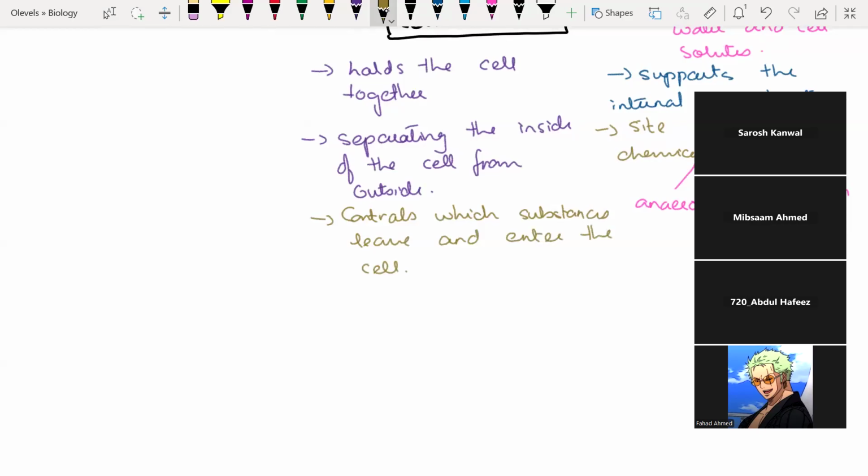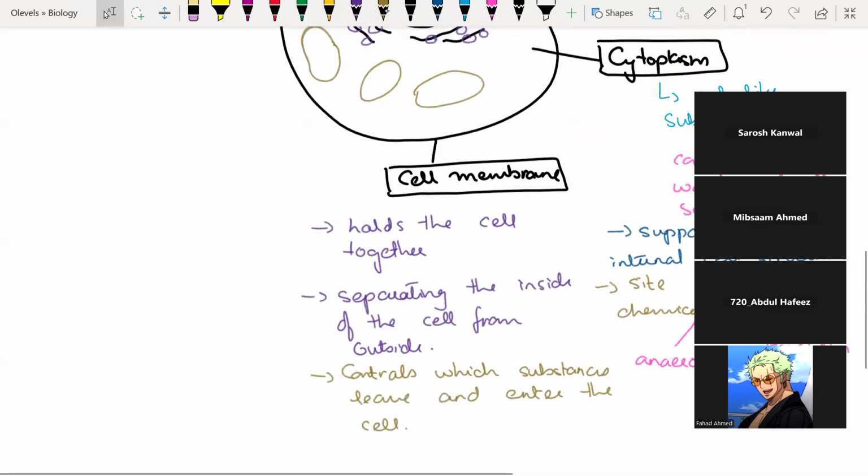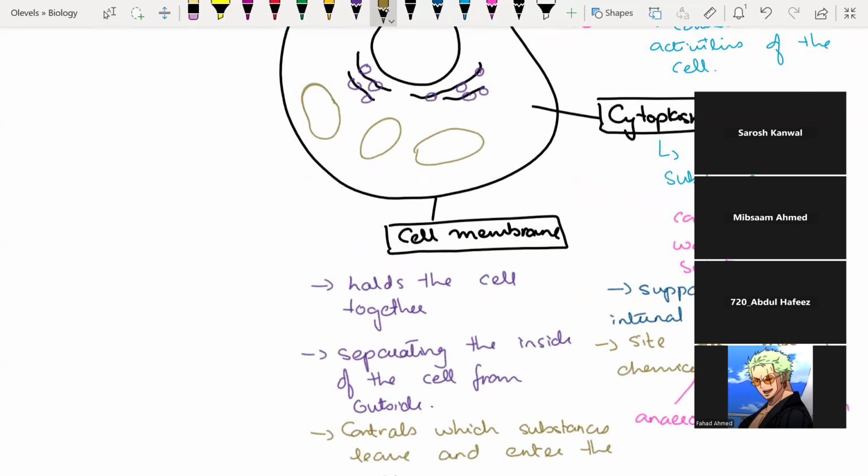You got it? It is acting as a gatekeeper, right? It allows which substances could leave the cell and which substances could come inside the cell, right? All of you? Yes, ma'am. Okay, are you getting till here? Yes. Yes, ma'am.